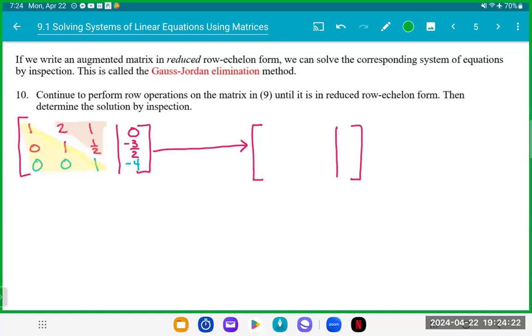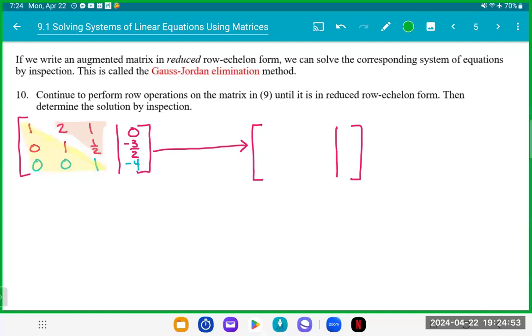So let's look at our row 1. In row 1, we have a 2 in that second slot. In our row 2, we have a 1/2 in the third slot. You can see we don't have any reductions to our row 3. That's not necessary, right?